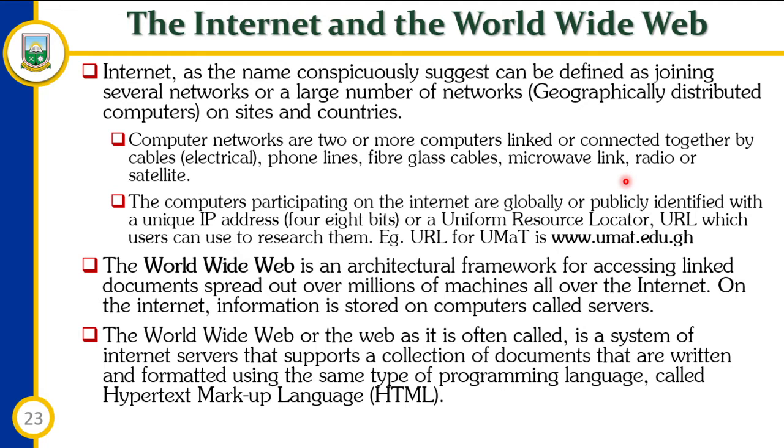The computers participating on the internet are global or publicly identified using a unique IP address. It's the 4 digit IP address. When you connect your laptop to your phone, you can see some numbers like 192.168.1.1. You have 192, which is one number.